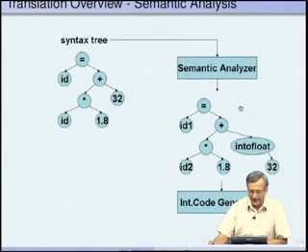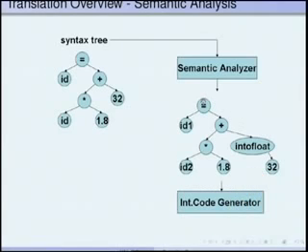Finally, it validates this particular syntax tree along with the information available from the program, and then produces what is known as a semantically validated syntax tree, which is the input to the next phase of the compiler, namely the intermediate code generator.